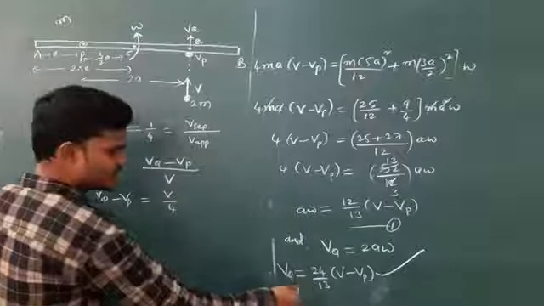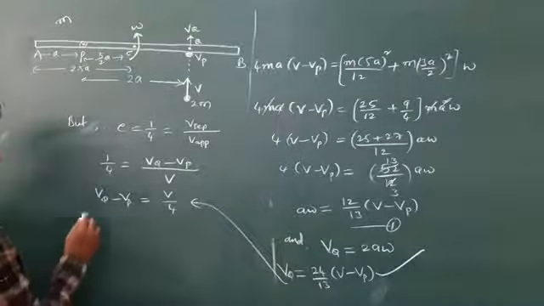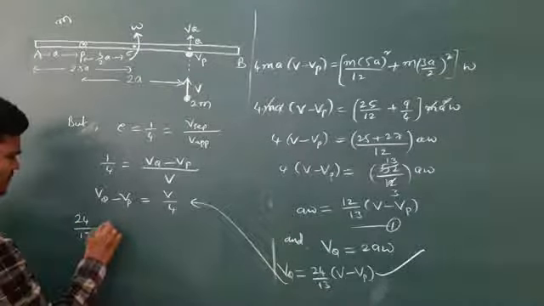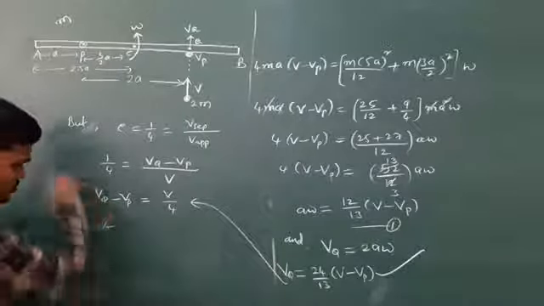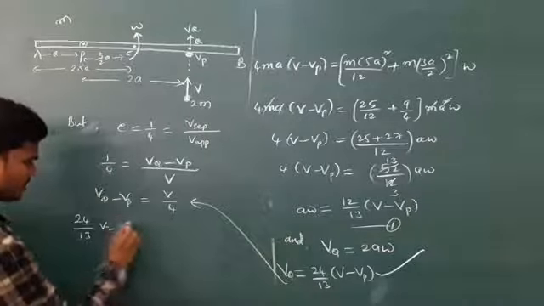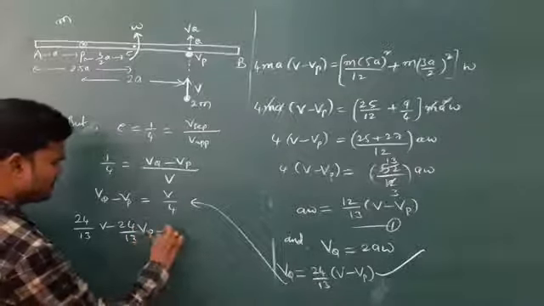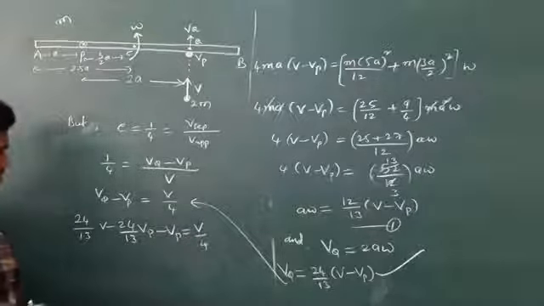I got Vq already. Substitute this Vq here. So 24 by 13 V minus Vp. So let me multiply 24 directly: 24 by 13 V minus 24 by 13 Vp, and minus Vp is V by 4.